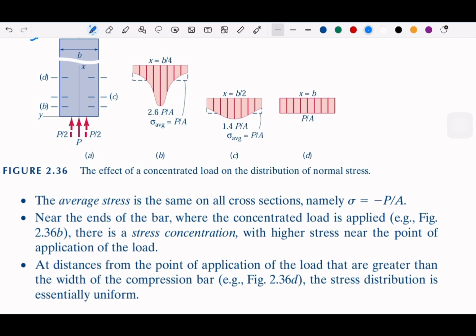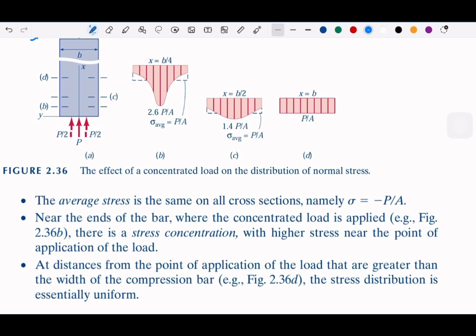That X is B over 4, so it should be this one. So what that could mean is at the center, when the load is applied, there will be a concentrated load like this one, which is very high, like 2 times or almost 3 times the stress, P over A.